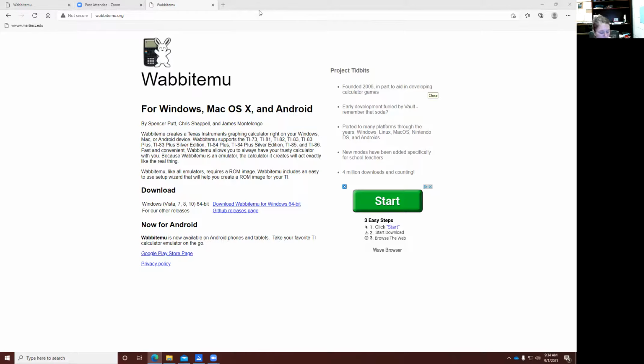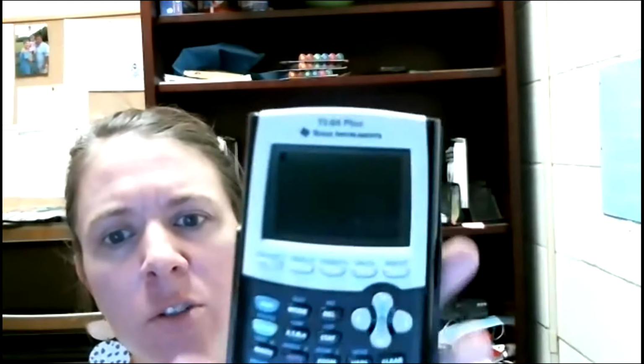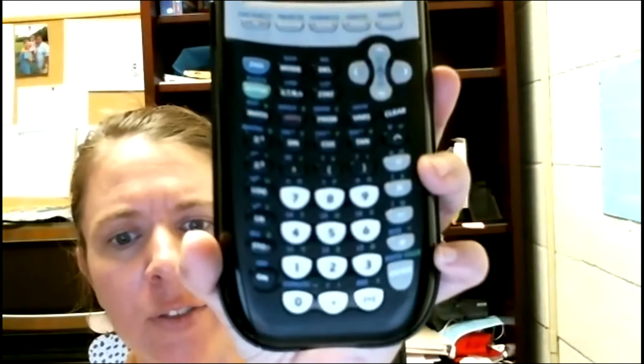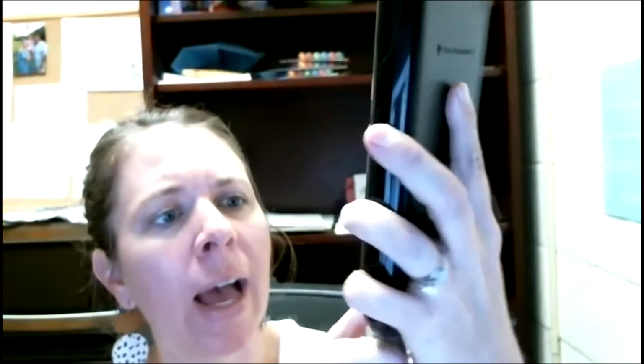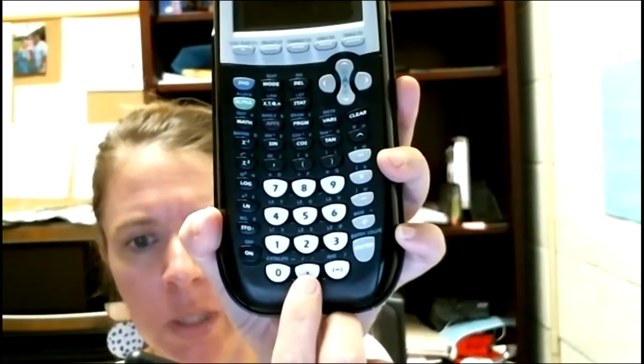So if you look here, I'm going to show you guys the calculator. You guys should be able to see it. All right. So look at this. Here's your calculator. And if you see down here on the bottom, it's a little bit blurry, but your i is right here where the little dot is. There's an i. So you can actually enter this in the calculator.